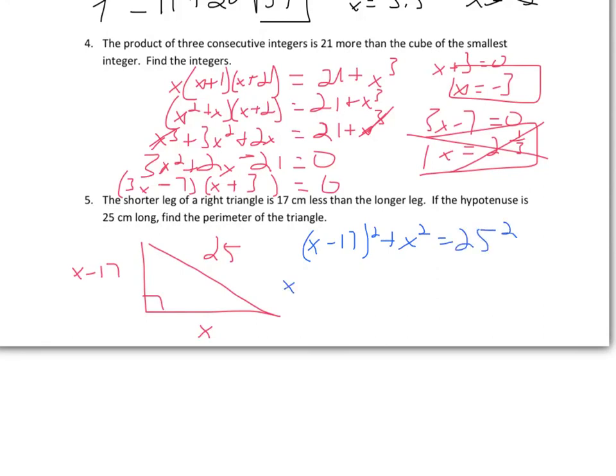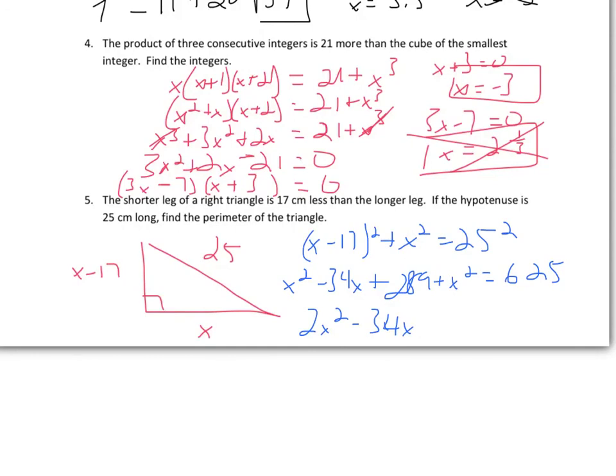Okay, so x squared minus 34x plus 17 squared, which is 289, plus x squared equals 25 squared, which is 625. Big numbers to deal with here. We have to get everything to one side. It doesn't cancel out your x squareds, but we've got 2x squared minus 34x.